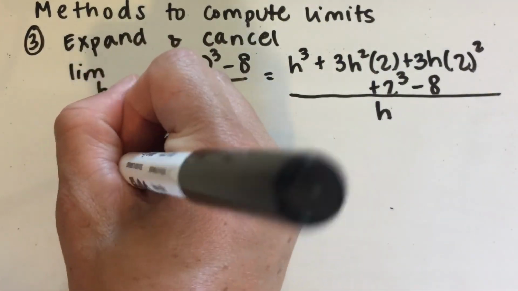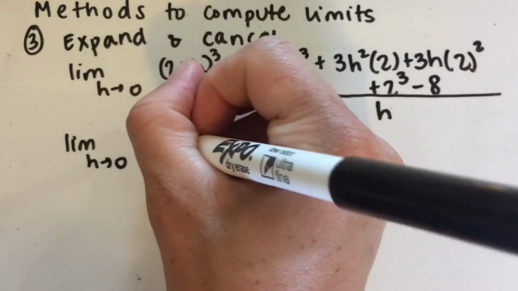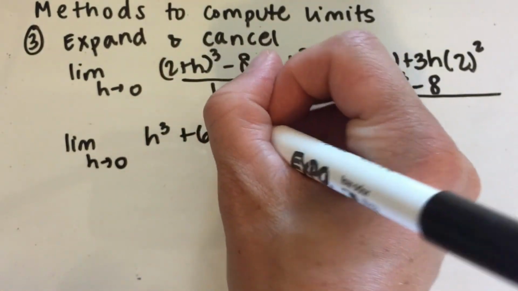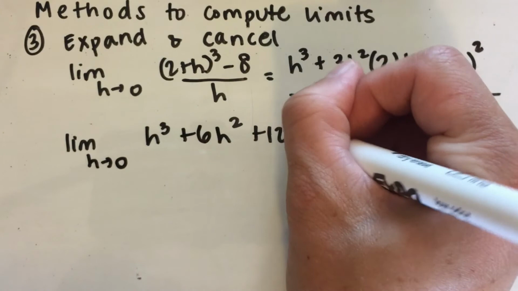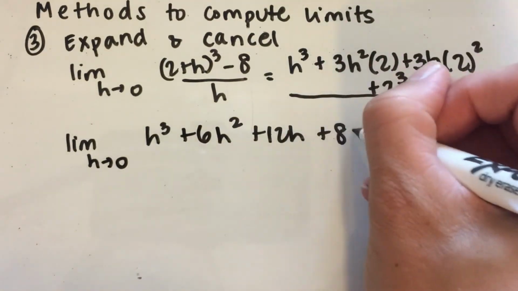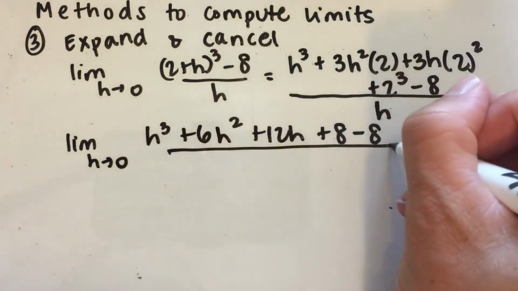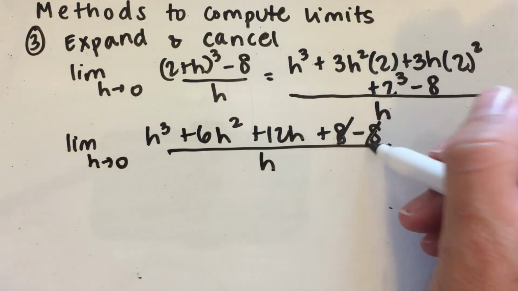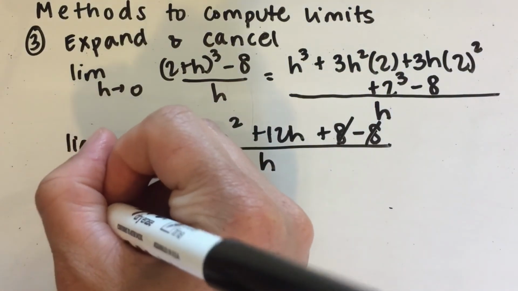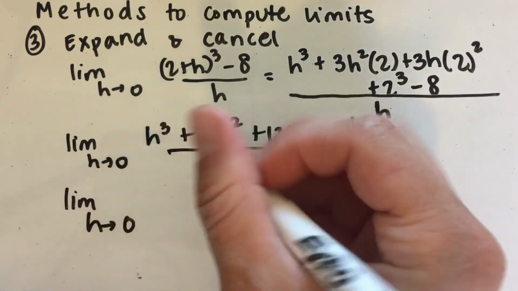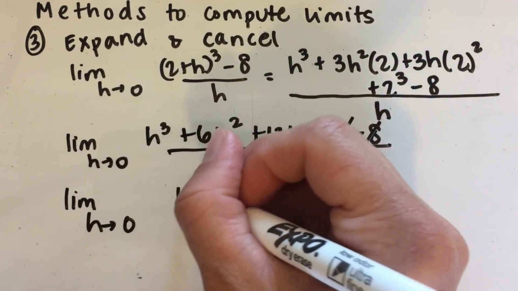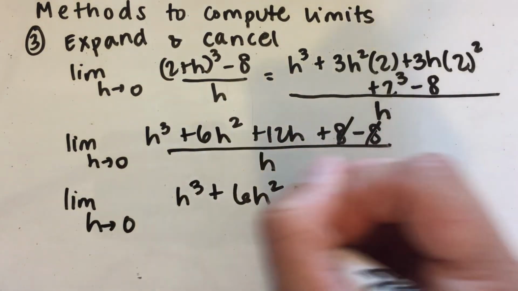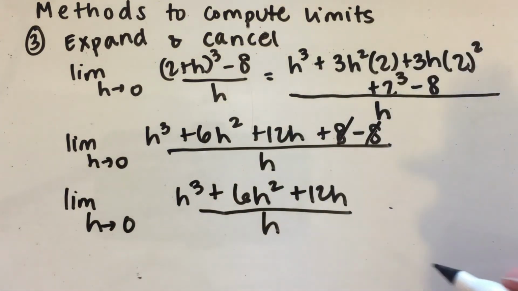Simplifying further, I have h cubed plus 6h squared plus 12h plus 8 minus 8 divided by h. And I can cancel the 8 and the minus 8. Then I get the limit as h goes to 0 of h cubed plus 6h squared plus 12h divided by h.